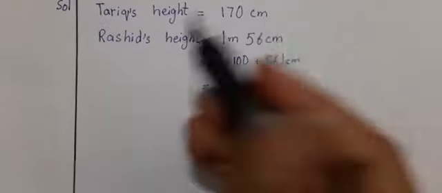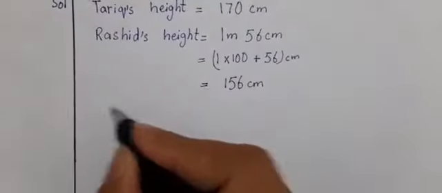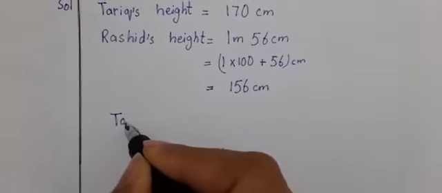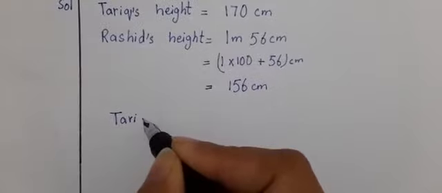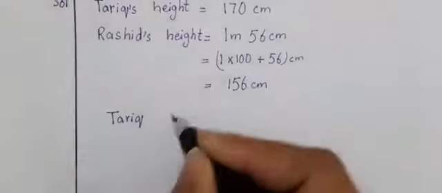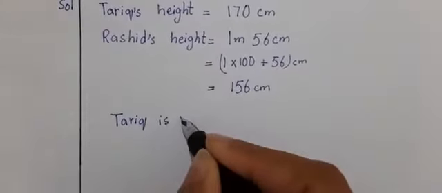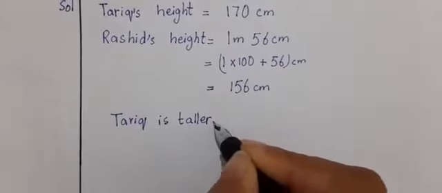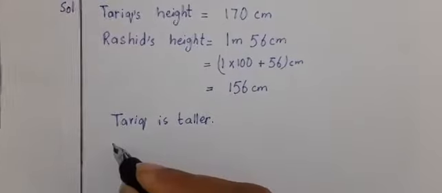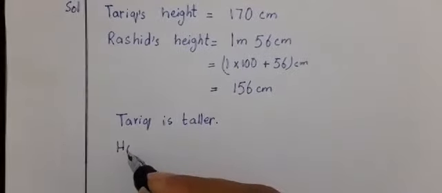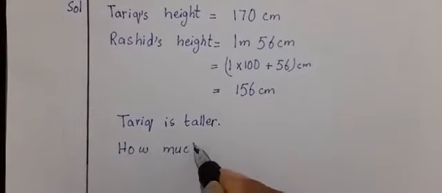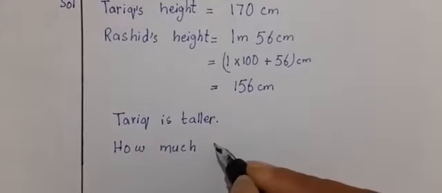So for this, first we will write Tariq is taller, because we can see. T-A-R-I-Q. Tariq is T-A-L-L-E-R, taller. Now how much? How much taller?